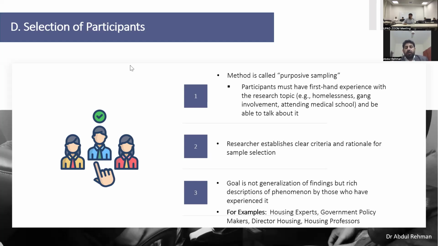Similarly, selection of participants is through purpose.